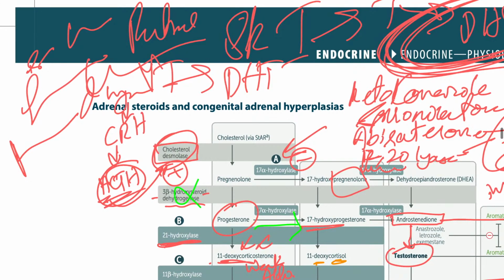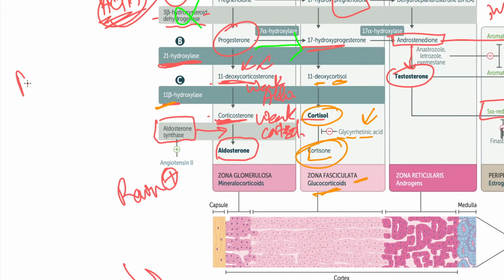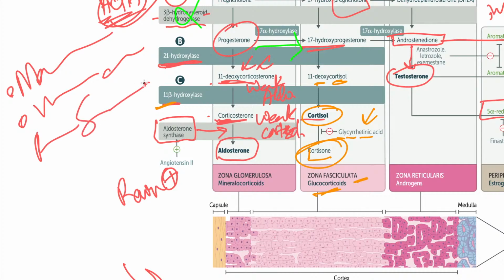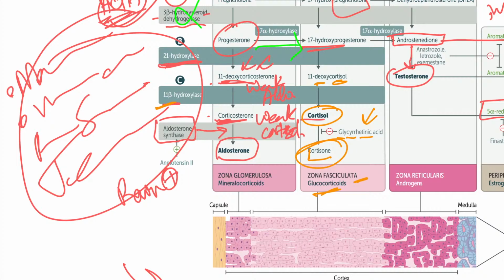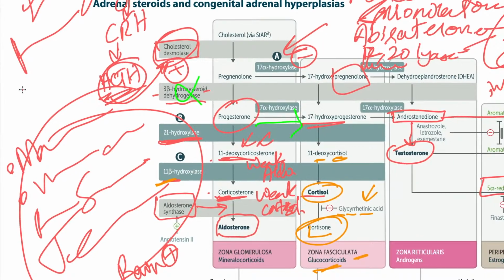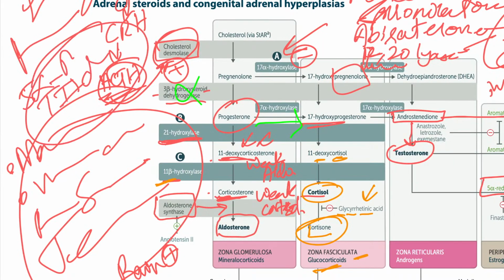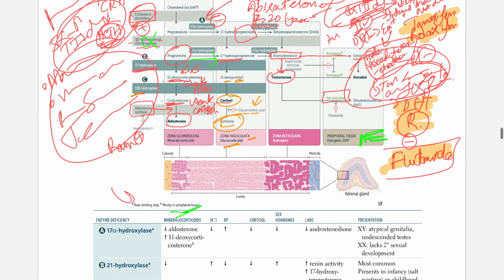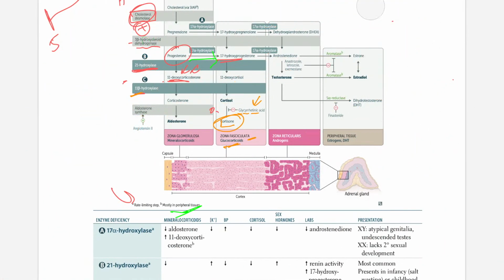DHT also causes masculinization, voice deepening, penile and scrotal growth, and testicular descent. All of that will happen at the time of puberty. Okay, so this is 5-alpha reductase type 2 deficiency. Let's erase all this and talk about some more things.